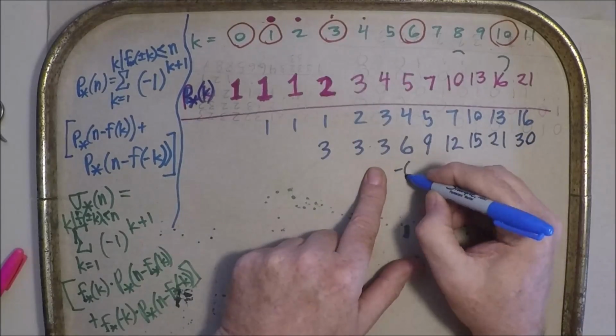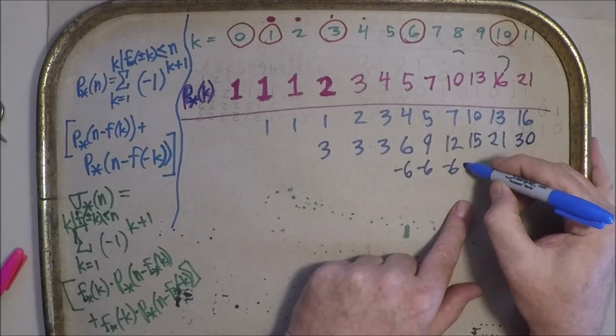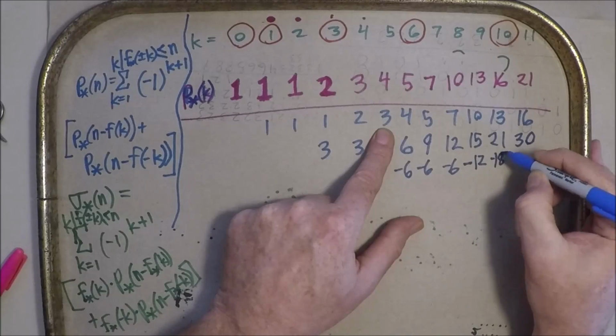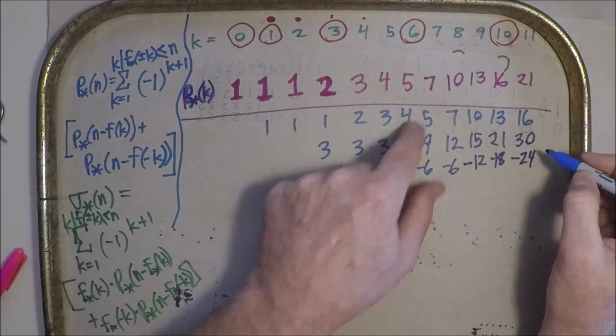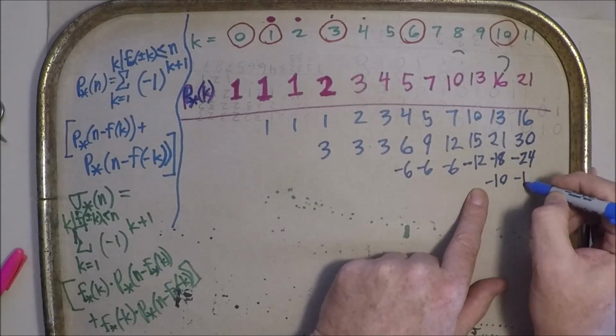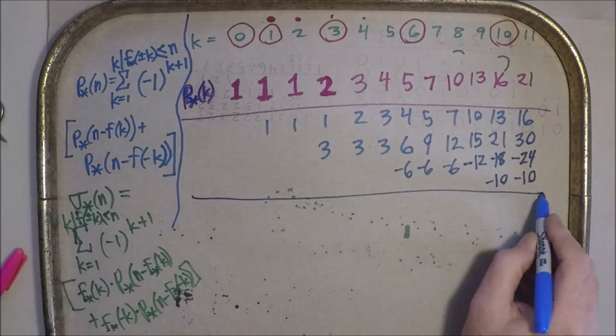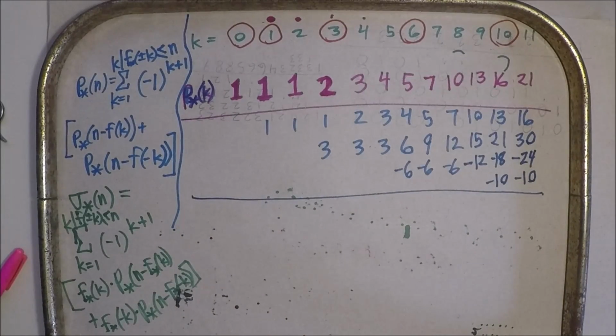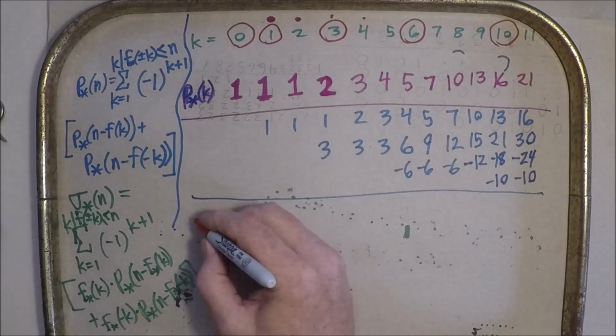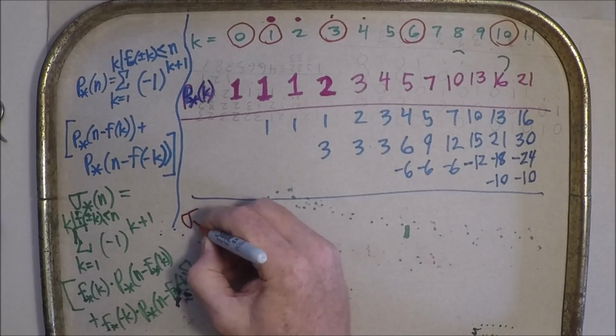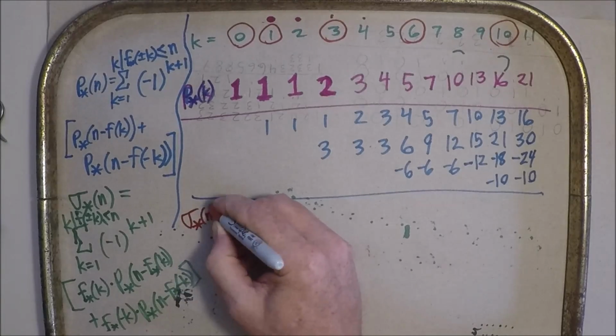And then we're going to have negative 6, negative 6, negative 6, negative 12, negative 18, negative 24, and for 10, we're going to have negative 10, negative 10. Let's add these up. Can you feel the excitement, the anticipation? Whatever it is, we're calling it sigma star of n.